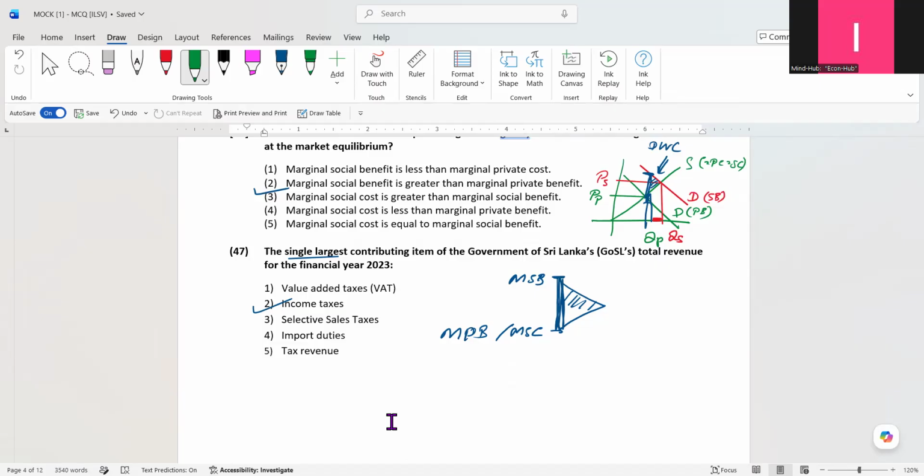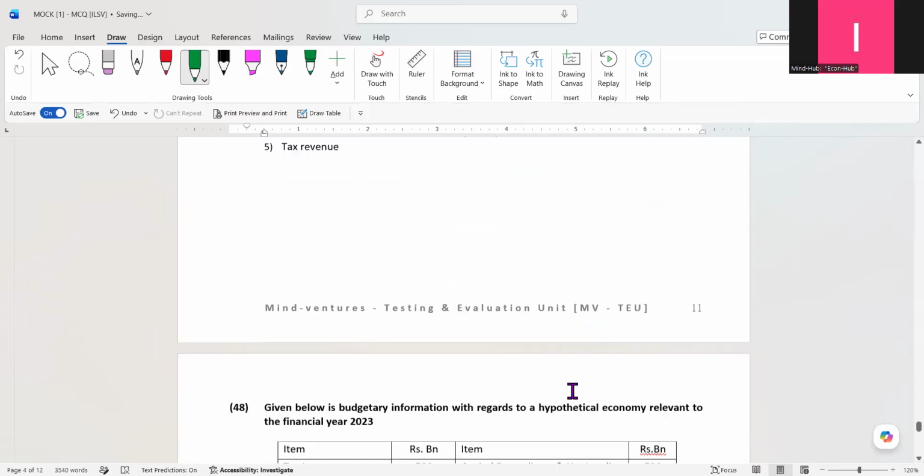I think in the grid I've given it correctly. 47 should be 1, not 2. Value added taxes. This is based on statistics, and this is for 2024. VAT, value added tax.